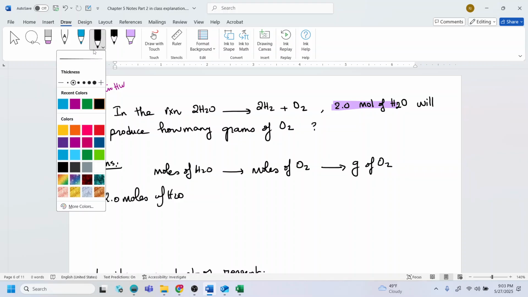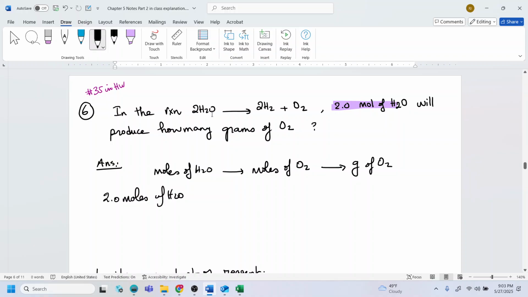So I want to change the moles of the water to the moles of the oxygen. Guys, no need to go into the grams of the water. No need. This is an additional step in there that you don't need, because I start with the grams, moles, and then the grams of the other substance. Okay, so I bypassed the grams of the water. I don't need it.